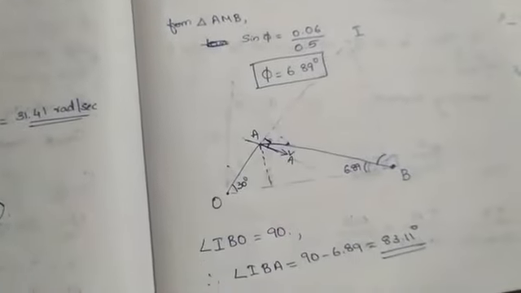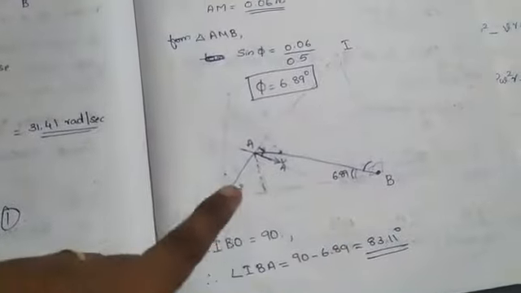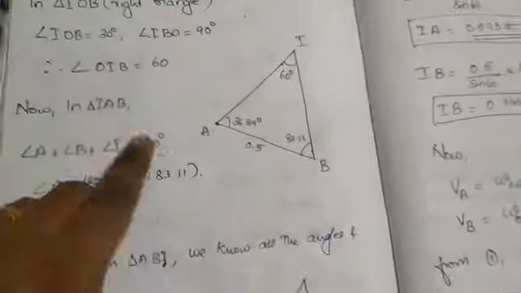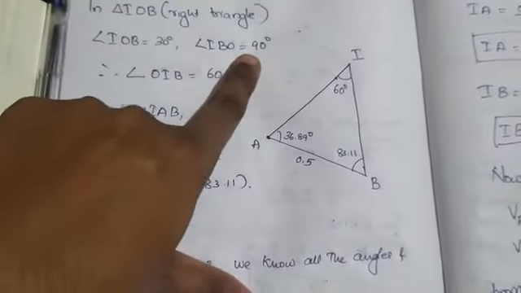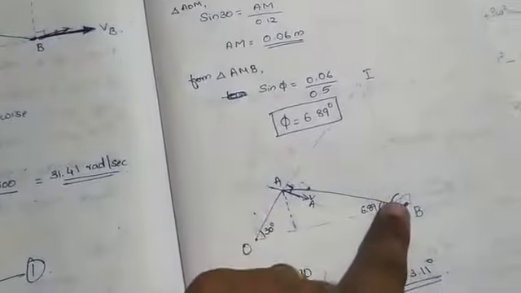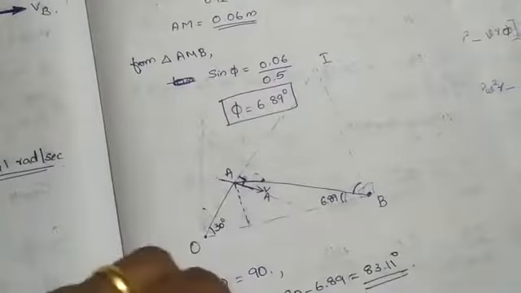So in that triangle IOB, you know this angle 30 degree. Angle IOB is 30 degree, angle IBO is 90 degree, so angle OIB will be 60 degree. So no confusions over that.